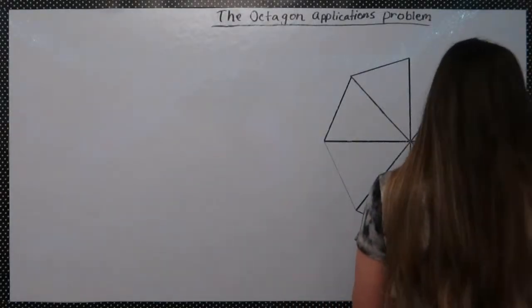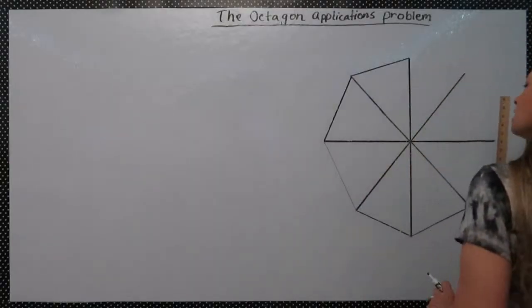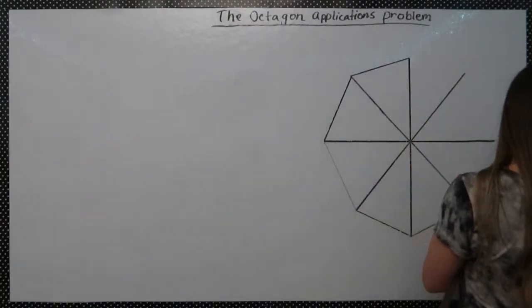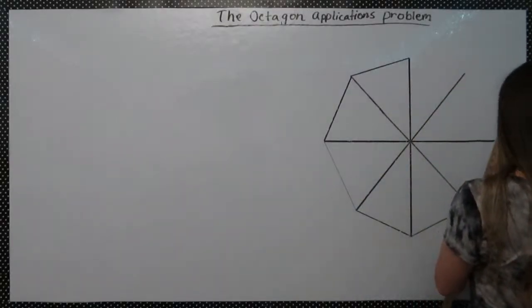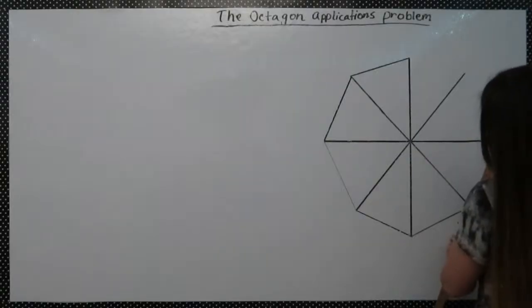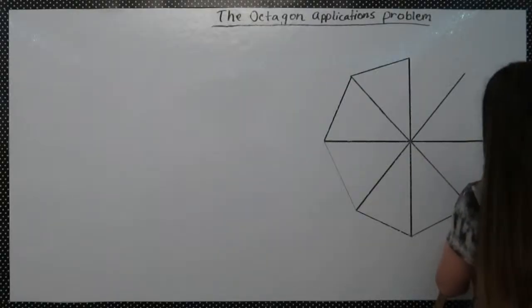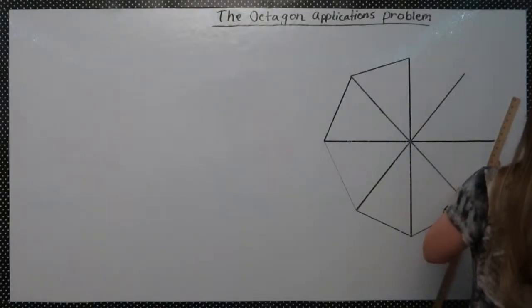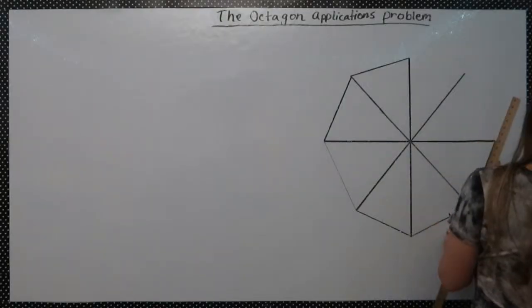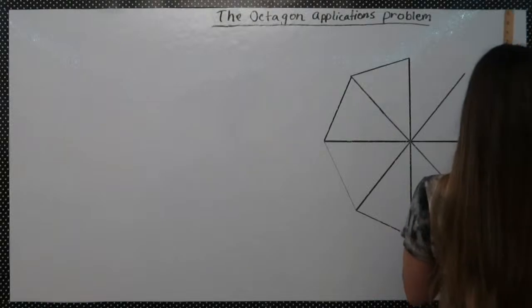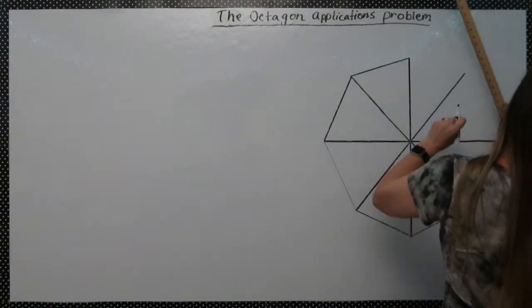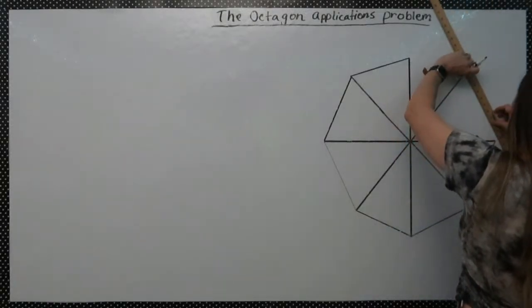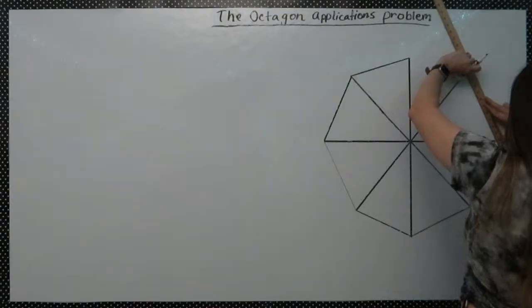And what Archimedes did was he took a polygon of n number of sides and he kept increasing the number of sides until he got a very close approximation for pi.